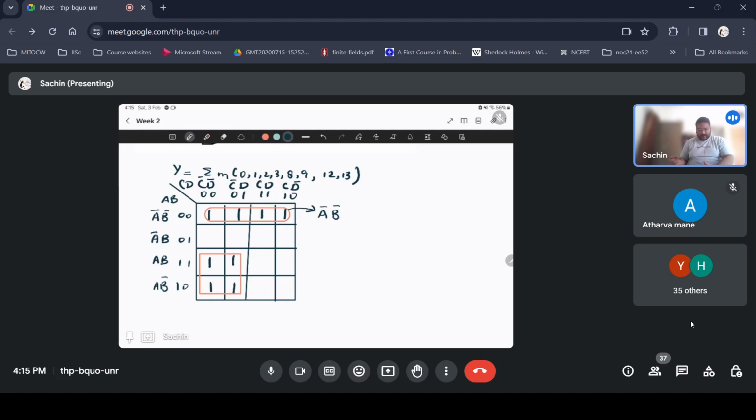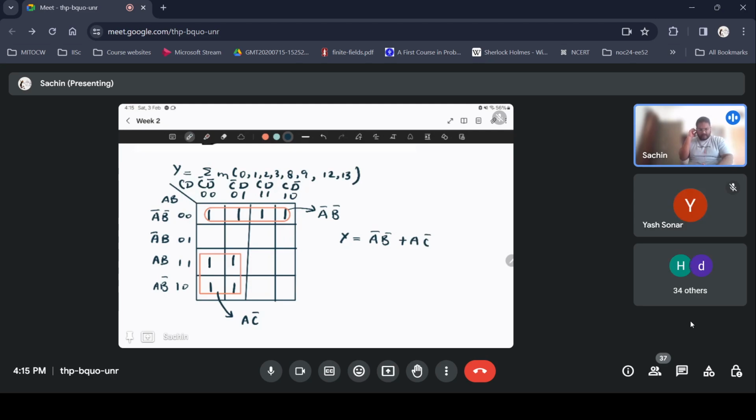In the second group, which is a quad, you can see that a is remaining constant and b is changing to b bar, so b will vanish from the expression, and here c bar is remaining constant, and d bar is changing to d, so d will vanish. So this group represents AC bar. So the simplified expression for y is a bar b bar plus AC bar.